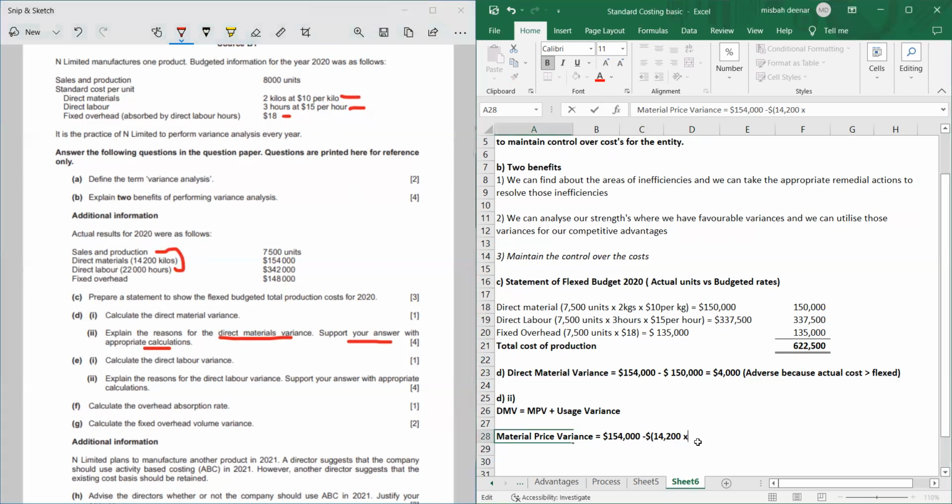So we will get a variance of $12,000 adverse. Why? Because of the reason.